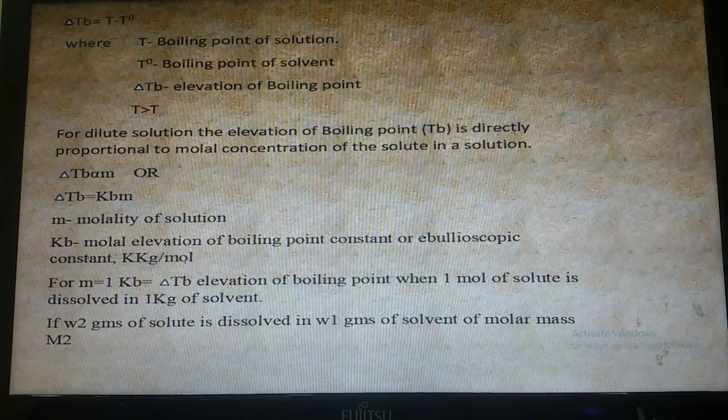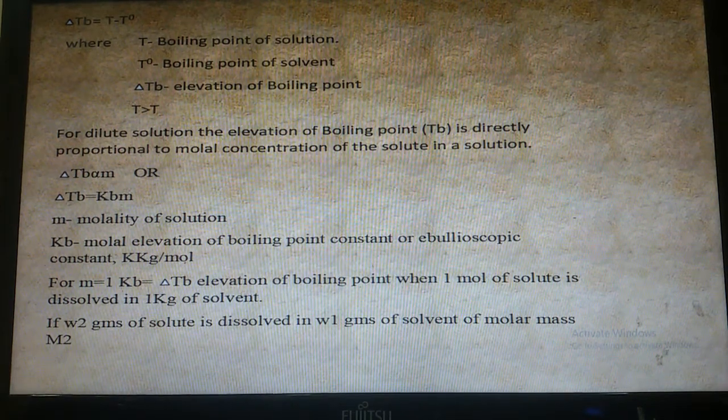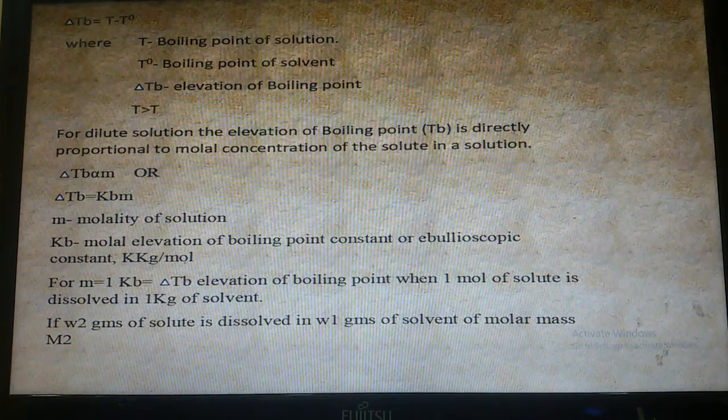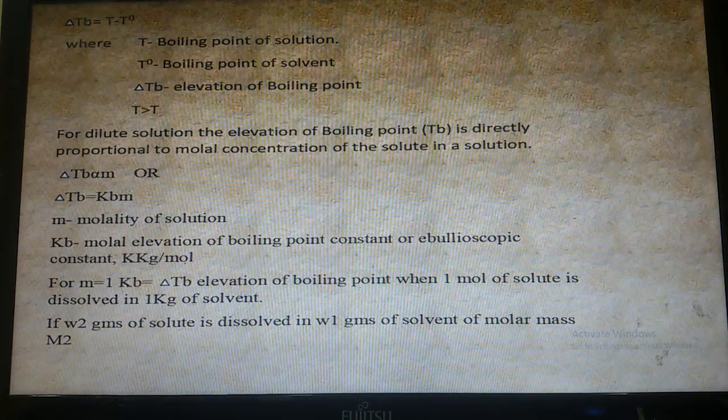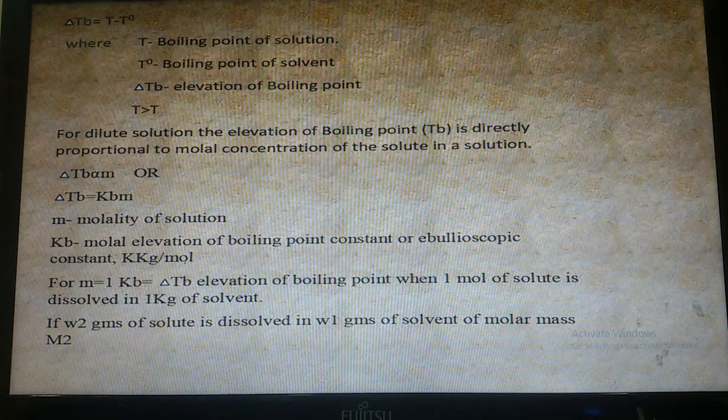Therefore, delta Tb is proportional to m, or delta Tb is equal to Kb into m, where m is the molality of the solution and Kb is the molal elevation of boiling point constant or ebullioscopic constant.